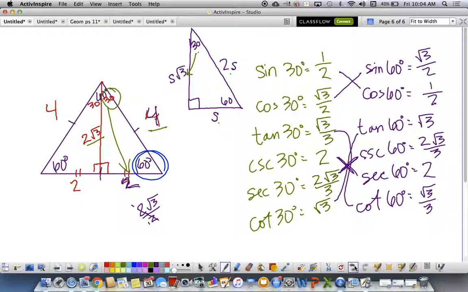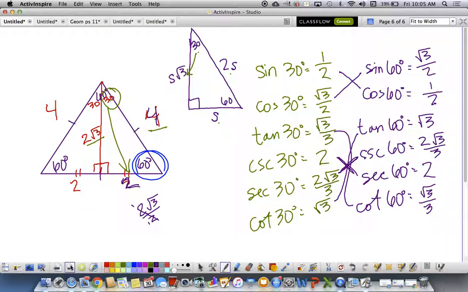What's the nicest variable you can put in there? He put in 2. It's a 1, 2, square root of 3. Then I don't have to reduce ever. Is there something that 2 and 4 and 2 square root of 3 all reduce by? 2.